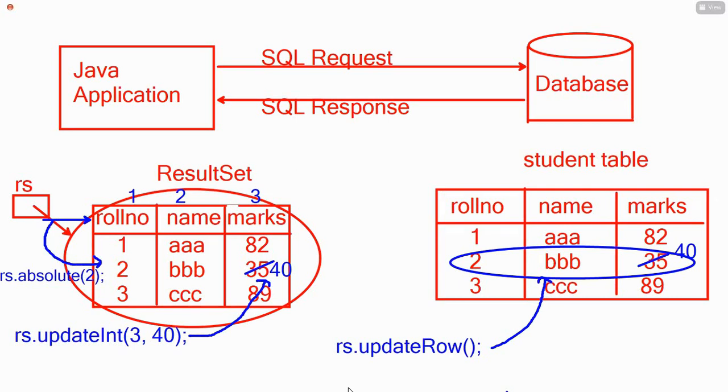Just here updateRow is there. rs.updateRow. If you don't write updateRow, the result set is updated, but the database is not updated.